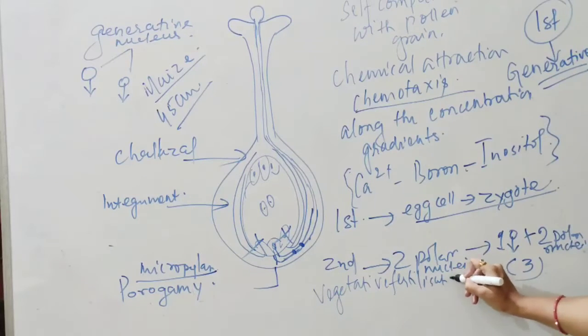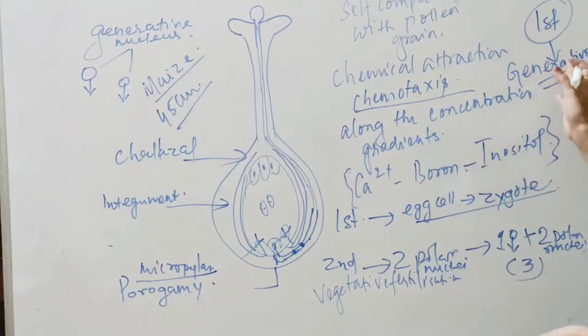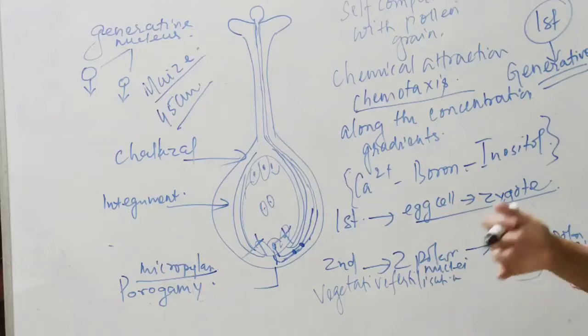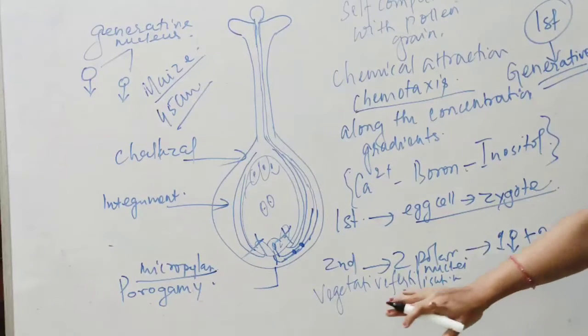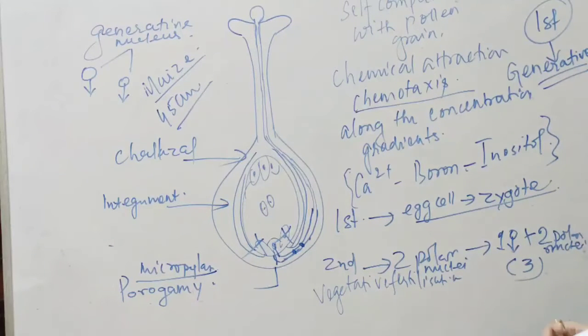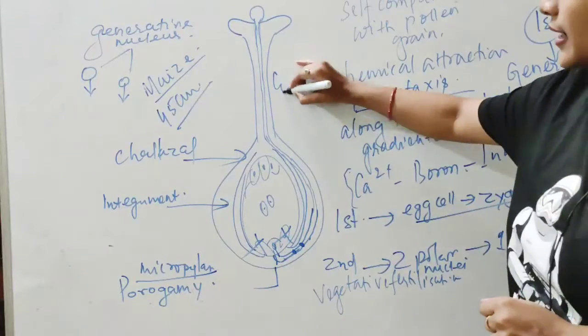Now the question is, if in the first fertilization, the generative fertilization, you get a zygote, what do you get in the second fertilization, the vegetative fertilization? The result is always endosperm.